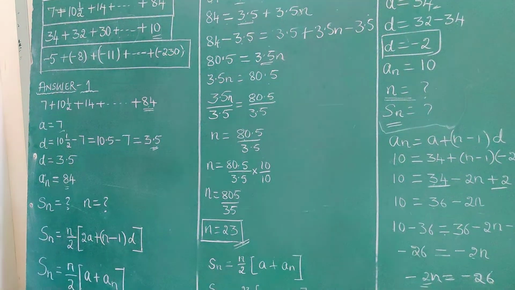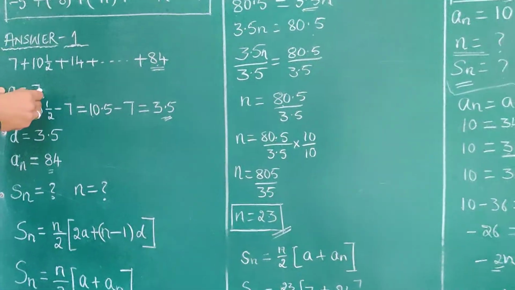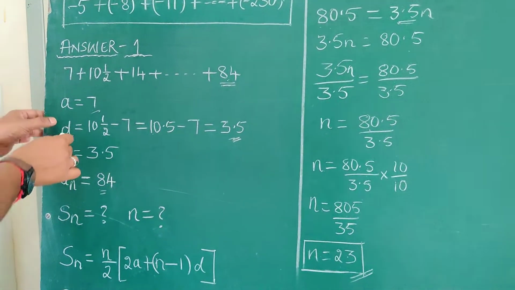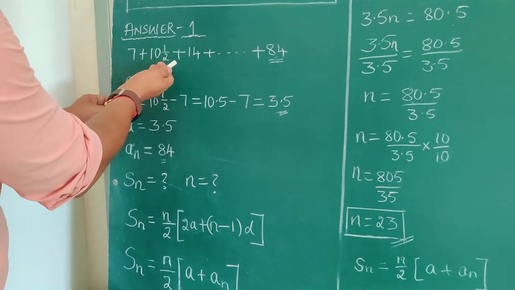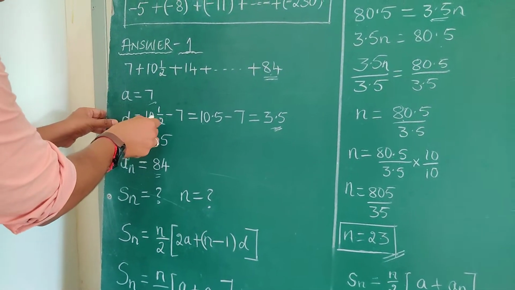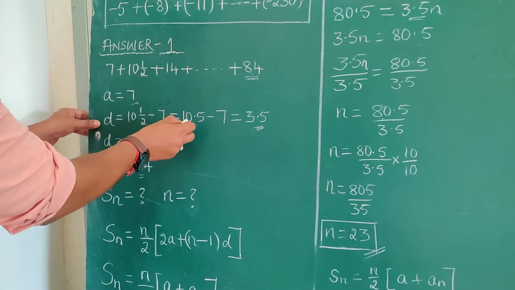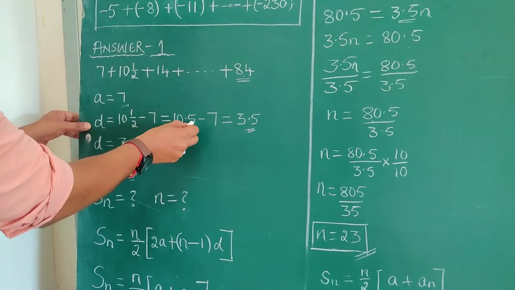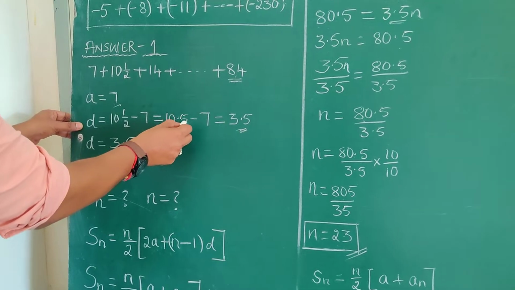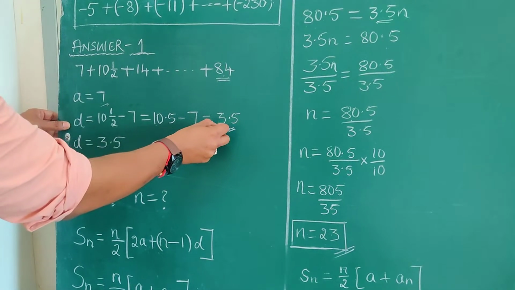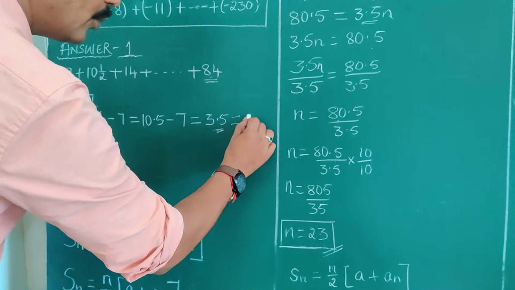Now collect the data. a is equal to 7, the first term. d is the common difference, second term minus first term. The second term is 10 and a half minus 7. 10 and a half can be written as 10.5, minus 7. 10.5 minus 7 is 3.5. This is the d value.